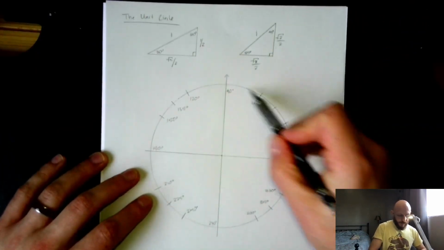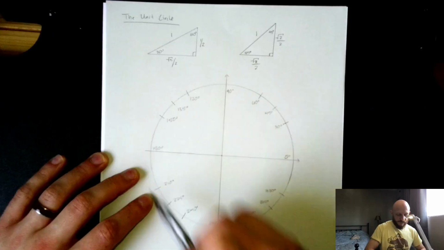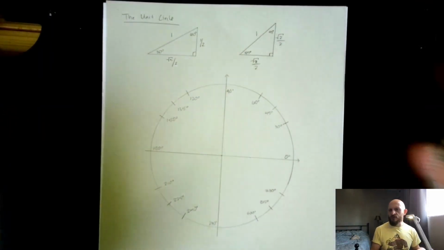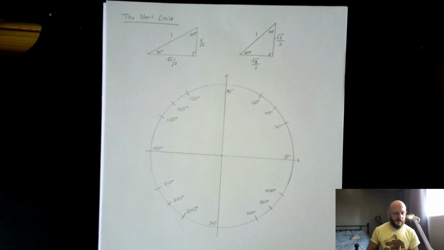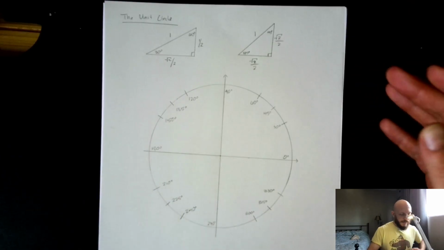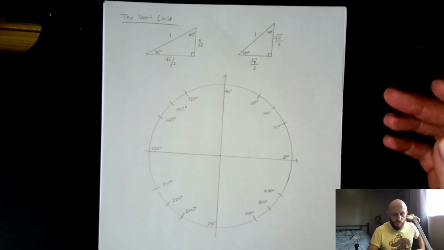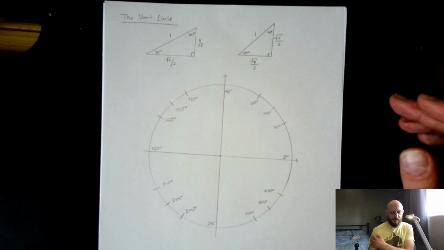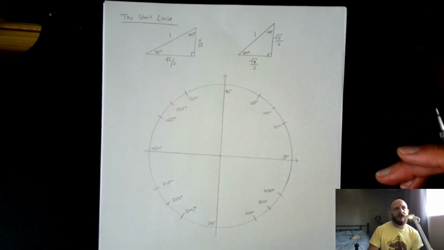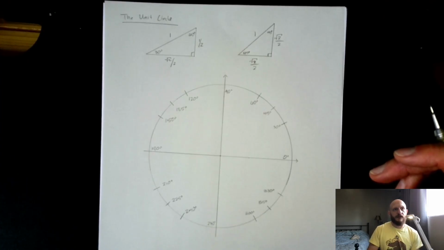So I have all of my angles ticked off and labeled. The very first thing that I want to do just for the practice is translate each of these angles into radians. Radians is really where you want to move towards, at least from a theoretical math perspective. It's more common for angles to be written in radians.